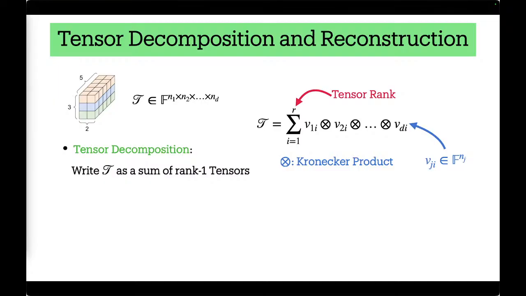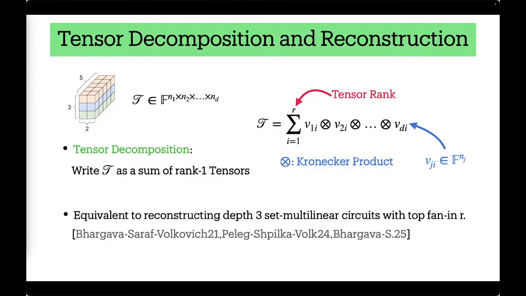If you think of the task of tensor decomposition in the algebraic complexity world, it is basically the question of reconstructing, or proper learning, depth 3 set-multilinear circuits: if the tensor has rank R, then the set-multilinear depth 3 circuit has top fan-in R. A lot of work has been done considering this exact model, and we have some really interesting algorithms for tensor decomposition in certain parameter settings that go through exactly reconstructing depth 3 set-multilinear circuits.